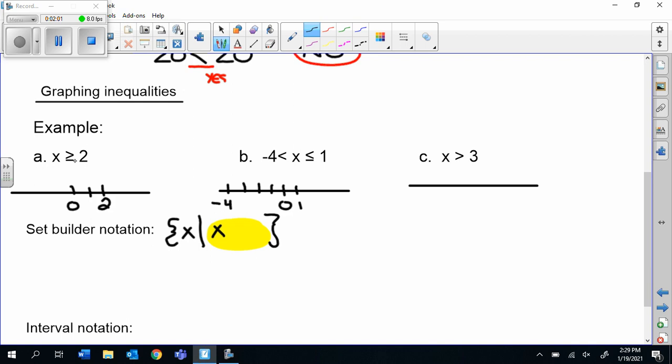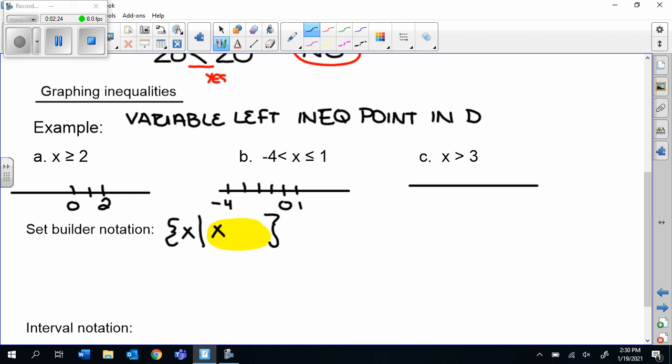And as a general rule, if your variable is on the left, then the inequality points in the right direction. So it points in the direction that the graph is going to go. That will switch if your variable is on the other side. That doesn't necessarily hold true.